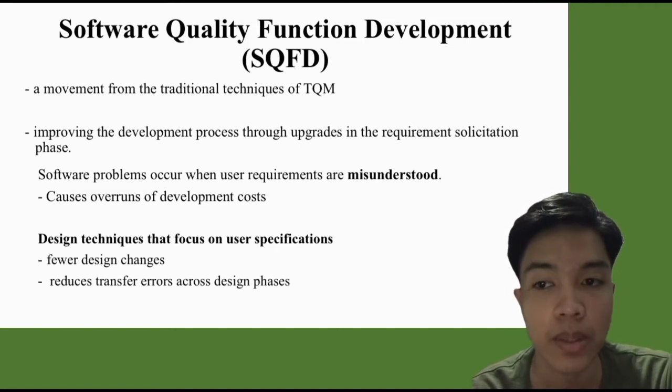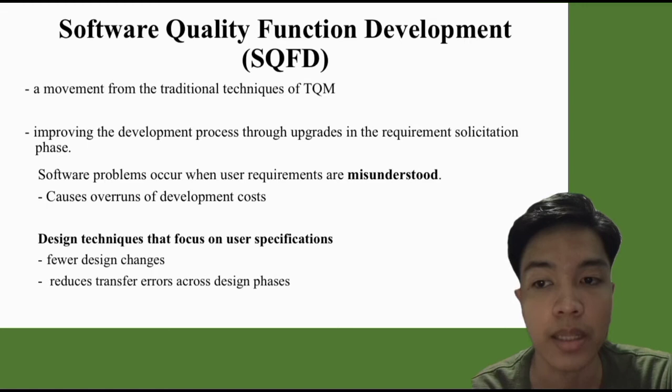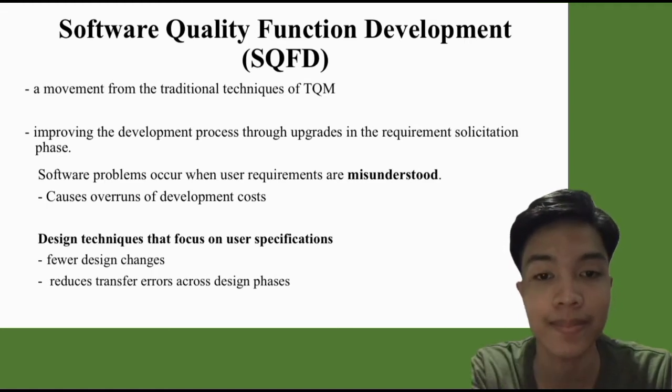This technique focuses on this phase because software problems occur when user requirements are misunderstood, which causes overruns of development costs. Design techniques that focus on user specifications are introduced early in the process, leading to fewer design changes and fewer transfer errors across phases.